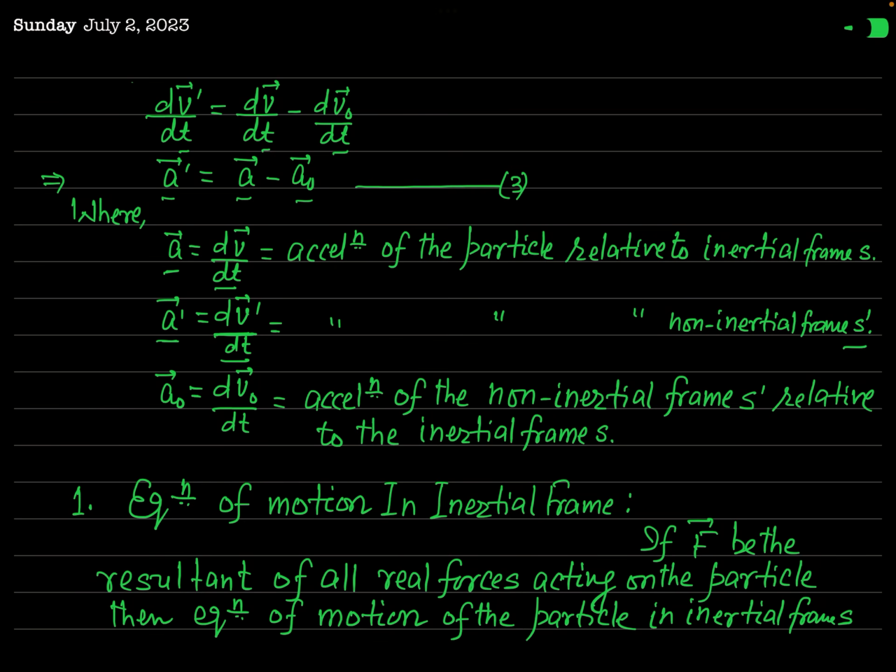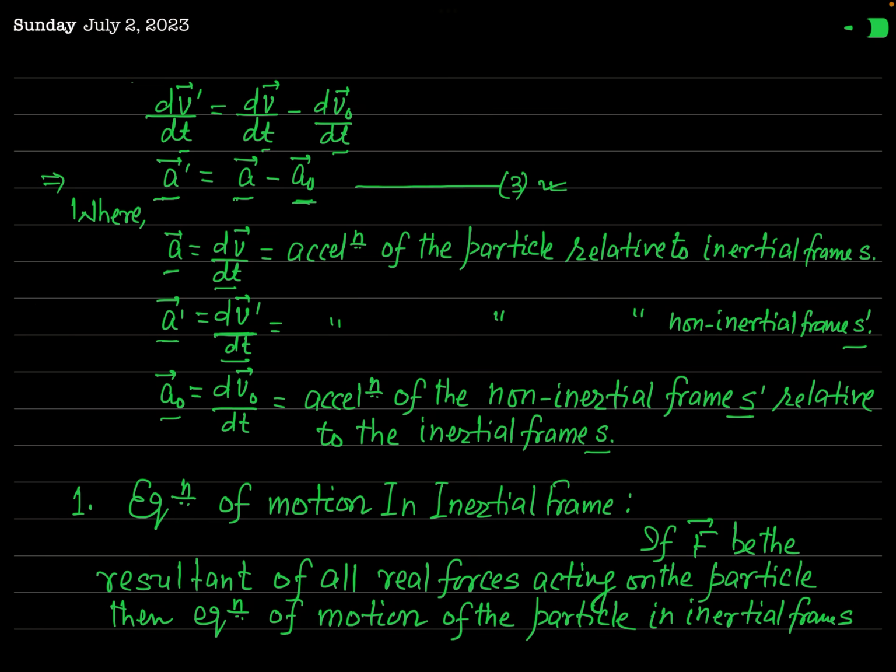And since v naught is the velocity of the non-inertial frame with respect to the inertial frame, this a naught, which is dv naught by dt, will give the acceleration of the non-inertial frame S dashed with respect to the inertial frame S. Okay, and so this equation 3 is actually the relation between the acceleration of the particle a in the inertial frame and the acceleration of the same particle in the non-inertial frame, which is a dashed, which is actually moving with acceleration a naught.